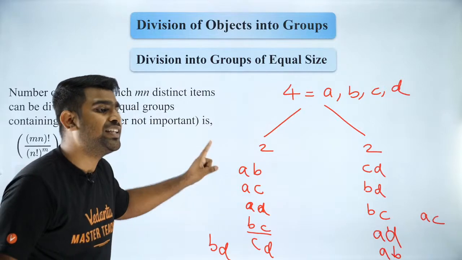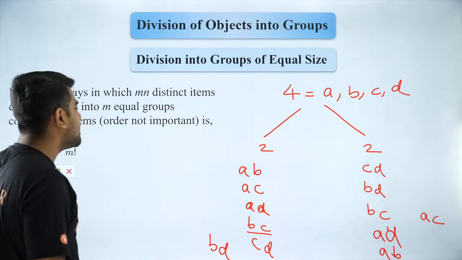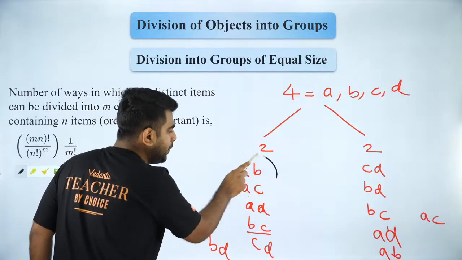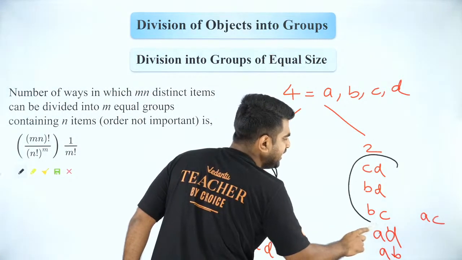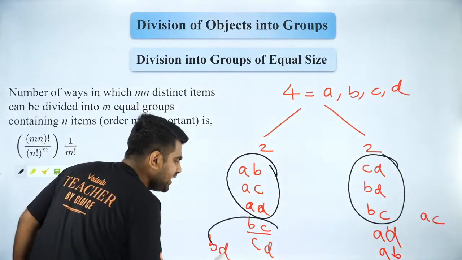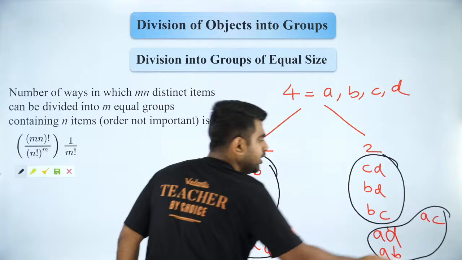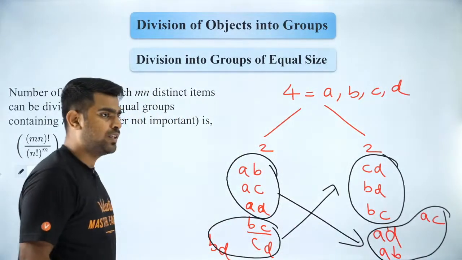Don't you think the cases are repeating? Because AB, AC, AD and CD, BD, BC. That's it. That is the same as these three cases. Look at it carefully. This and this are the same, and this and this are the same.